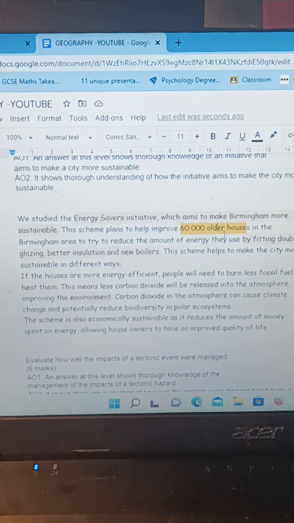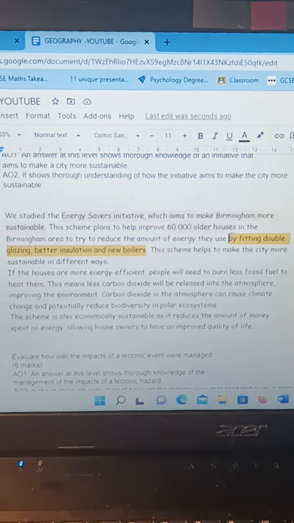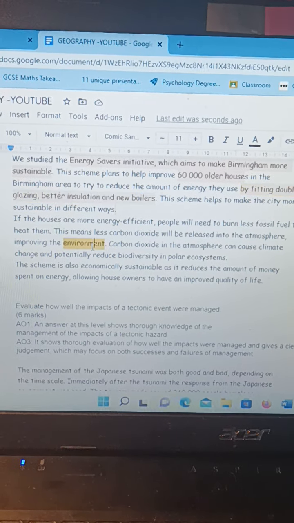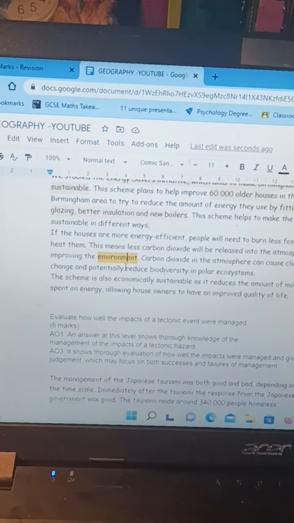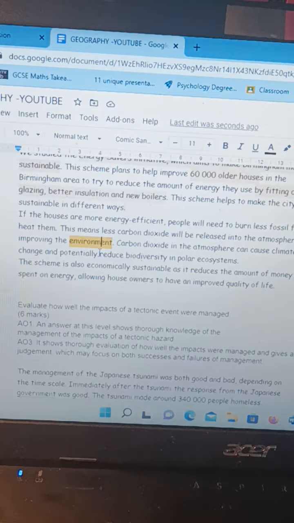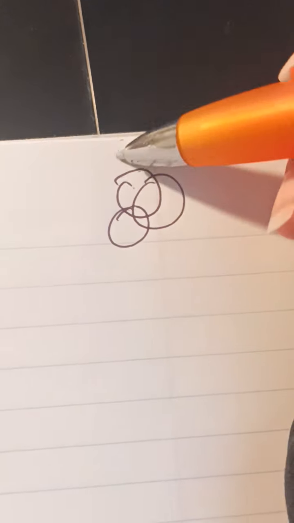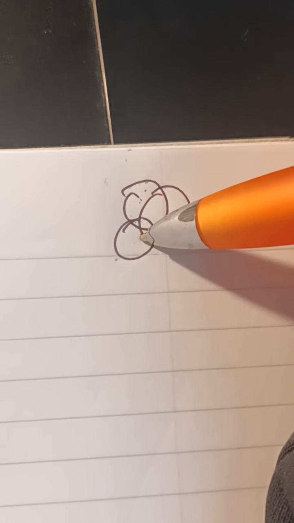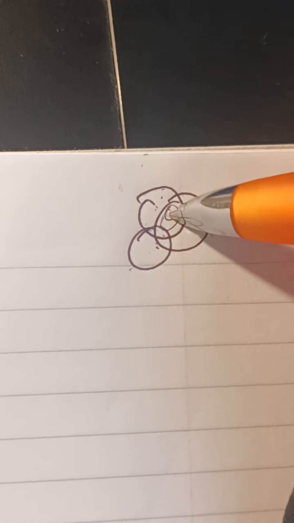That's the explanation, and that is it being explained. And then this is the benefits in the environment. I'm not sure if you did this circle. So basically over here you would have social, environmental, and economic, and then there would be parts where it overlapped, and yeah, that's one way of revising.